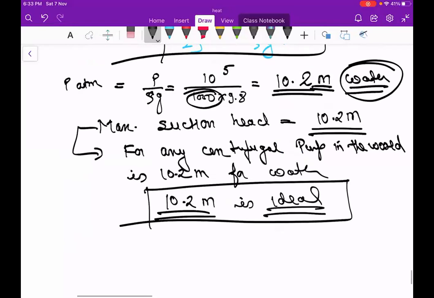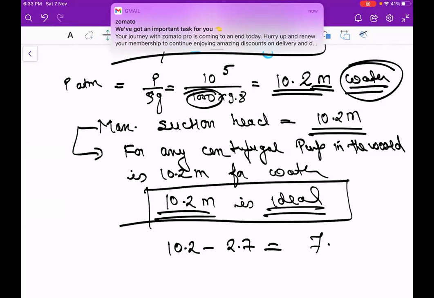In reality, it is approximately 10.2 minus 2.7. How much is it coming? Calculate. 10.2 minus 2.7, approximately 7.5 meter.